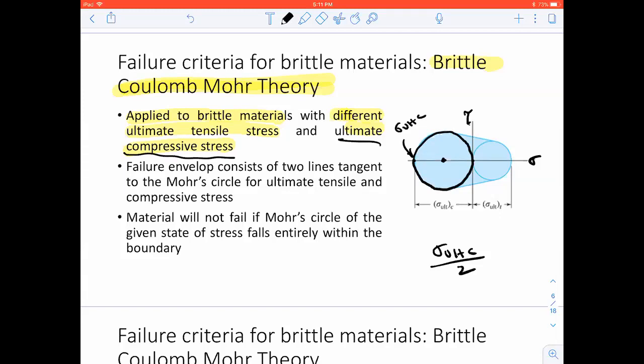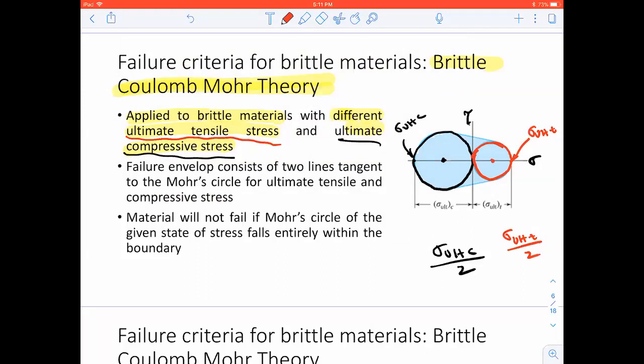You'll do the same thing for ultimate tensile stress. This is your ultimate tensile strength, sigma ULT T. For this smaller circle, your radius is going to be sigma ULT T divided by 2, with the center in the middle.